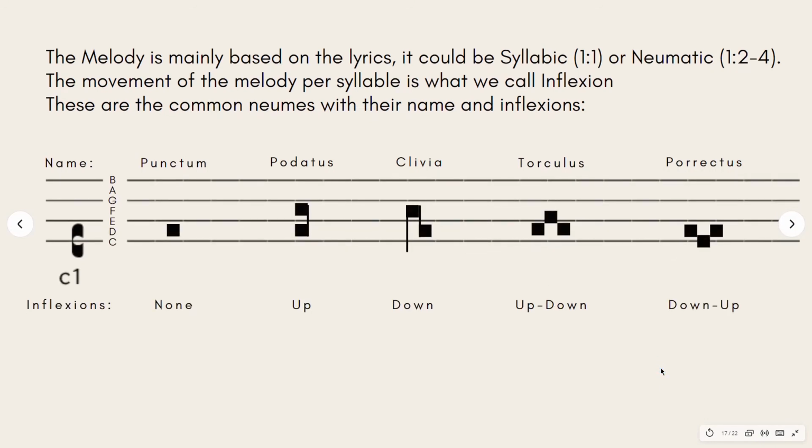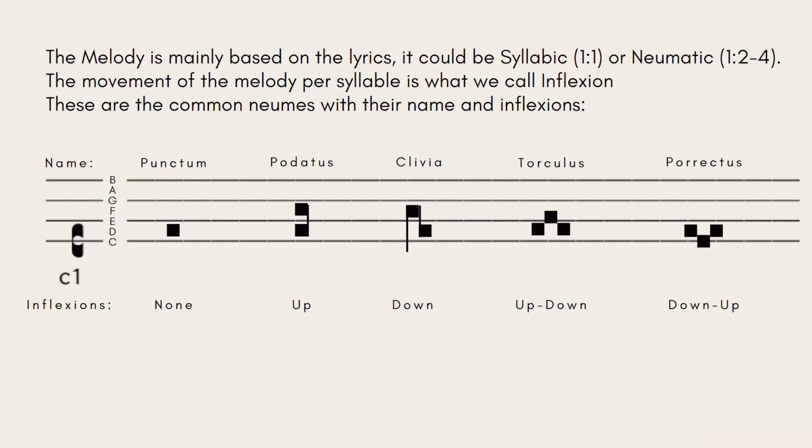Now, we have to understand that the neumes have different inflections. Inflection is the movement of the pitch. The melody of Gregorian chant is based on the lyrics. So per syllable of the lyrics, there could be one pitch or more. If the ratio of the syllable to the pitch is 1:1, one syllable, one pitch, it's called syllabic.